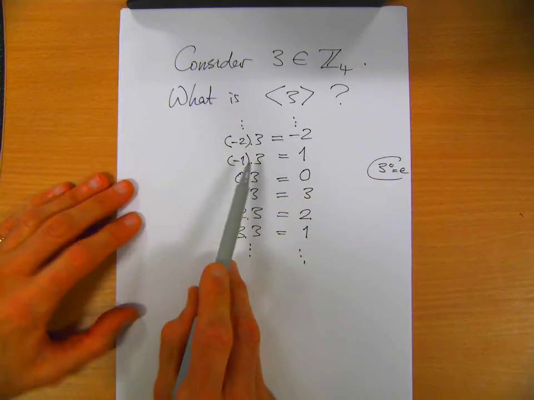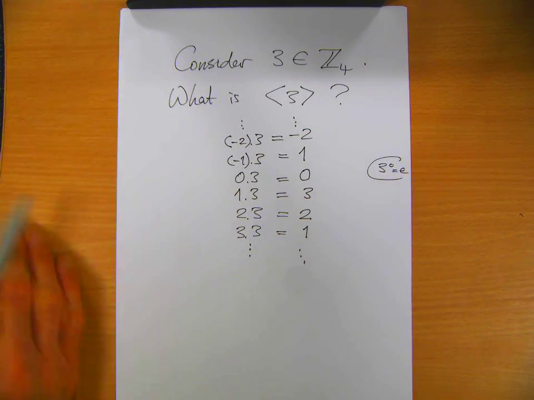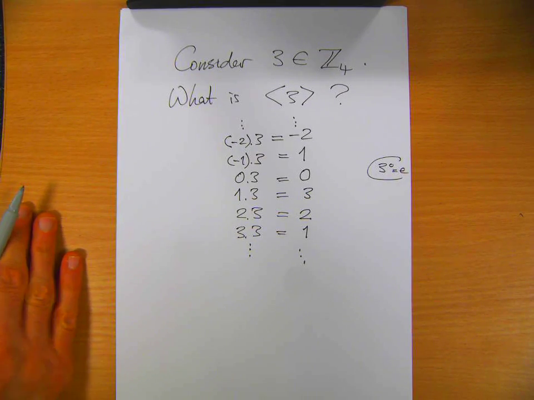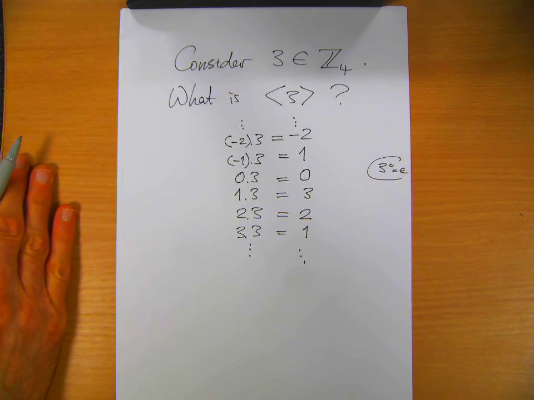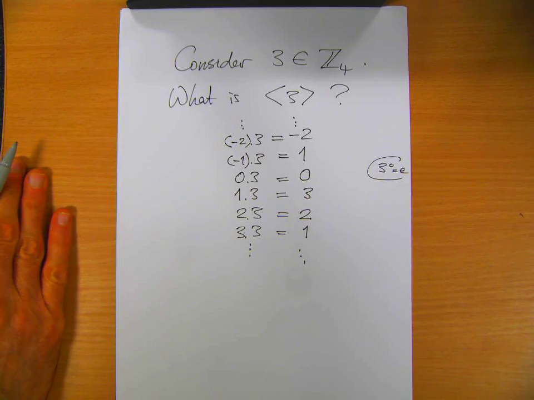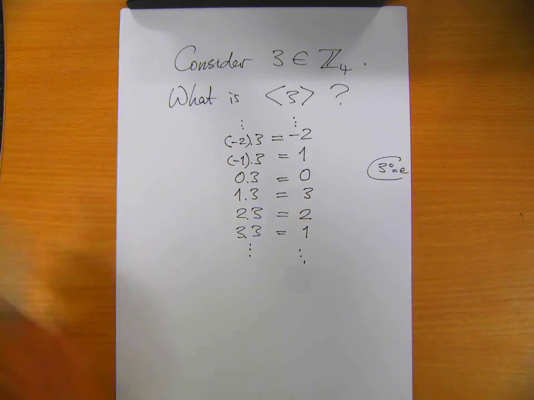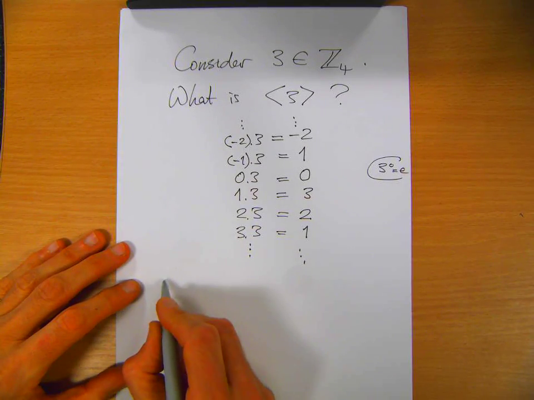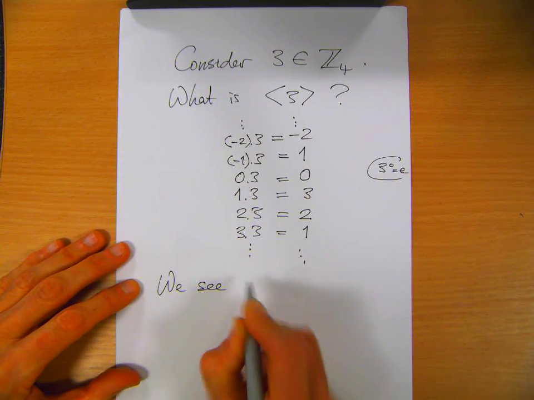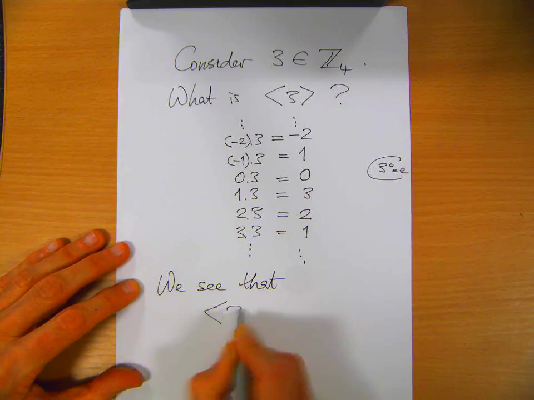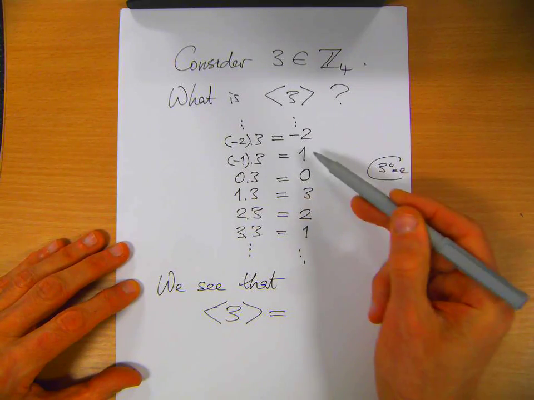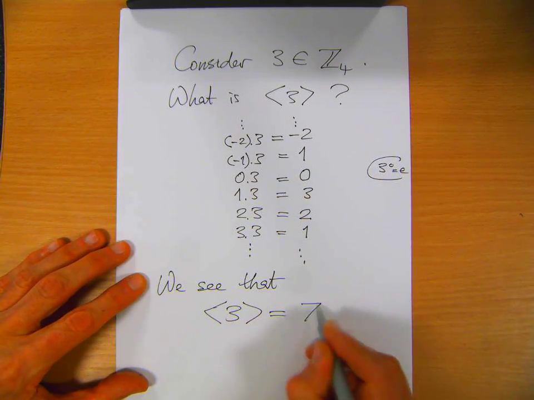So again, by looking at powers of 3, in other words, adding 3 repeatedly to itself, because we're now doing additive notation, so we're adding 3 repeatedly to itself rather than multiplying repeatedly, we get all the elements 0, 1, 2, 3 of Z4.